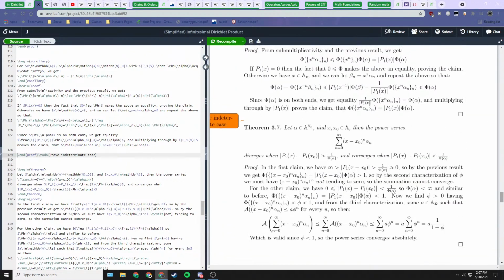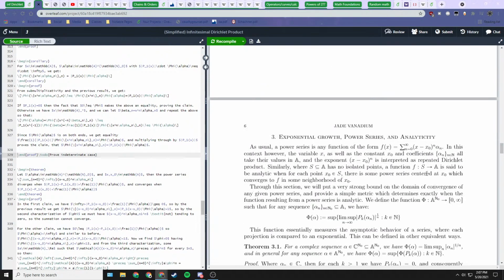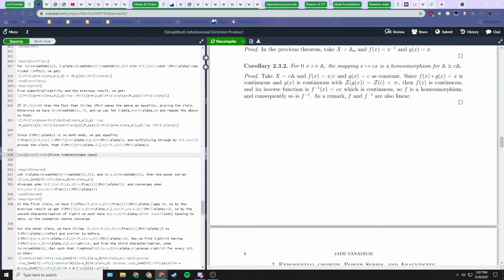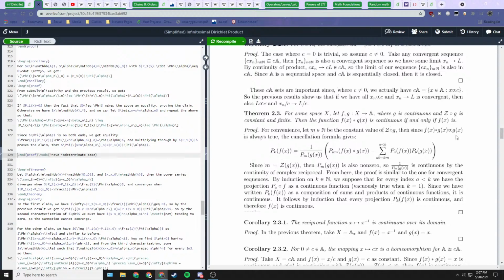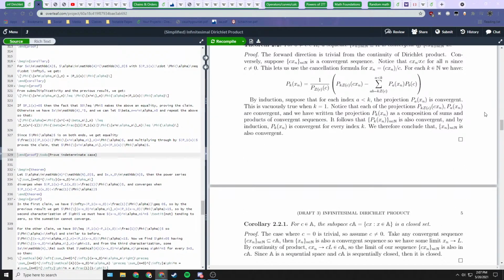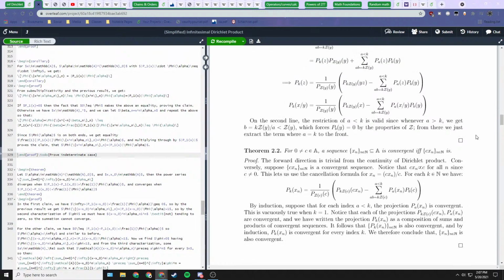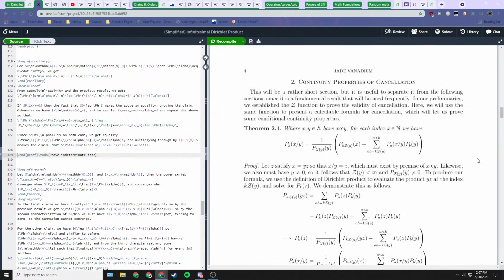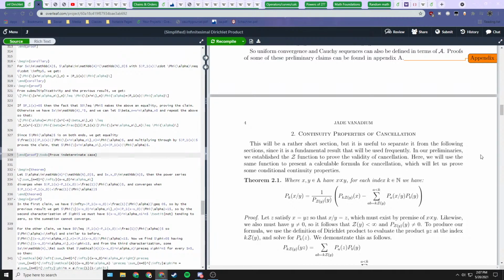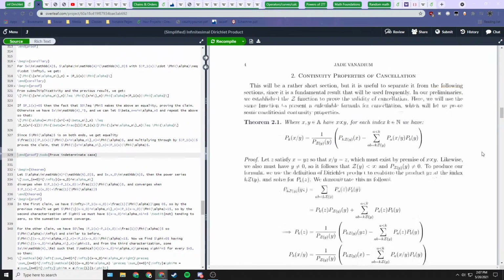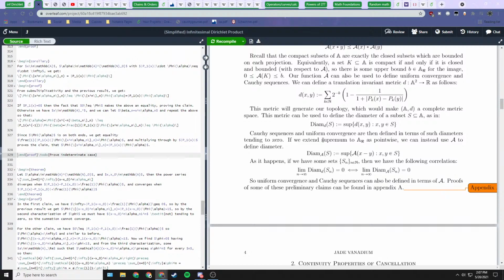So what I want to do now is prove one of the claims in our preliminary section, and put that in the appendix. In our preliminary section, right here, we said that if we have some diameter in terms of this metric distance, this will tend to 0 if and only if this other diameter does.